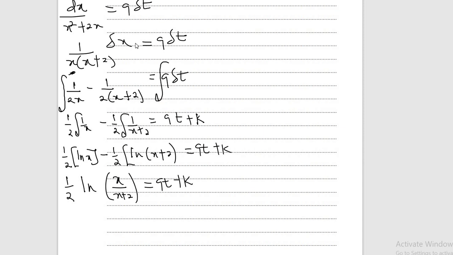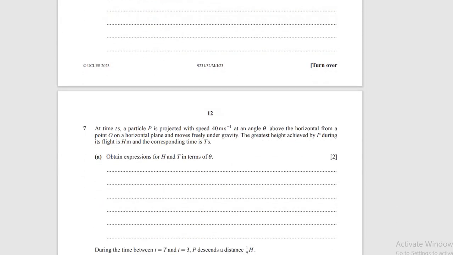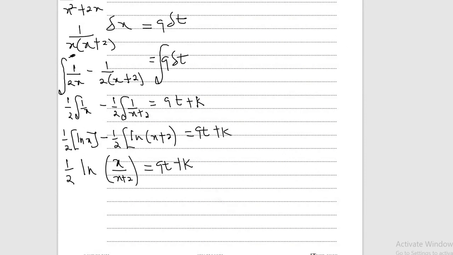Now, let's get the arbitrary constant, because the question says we should find x in terms of t. From the initial condition, when t is 0, x is 2. I only need t and x.